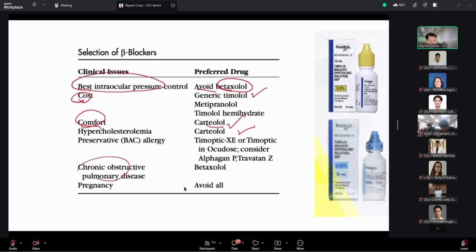If you have COPD or asthma, you can opt for the cardioselective beta blocker, which is betaxolol. And then for pregnancy, you have to avoid all of them. Okay, so we are done with the beta blockers.